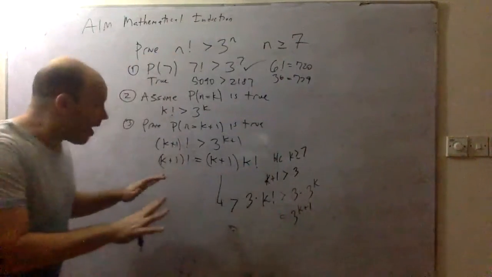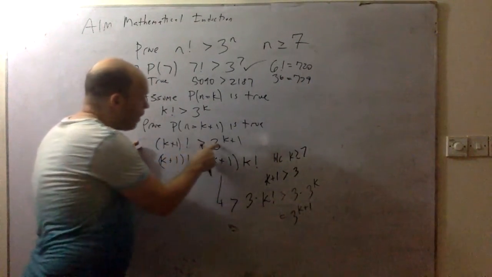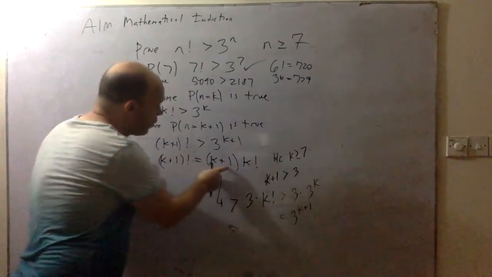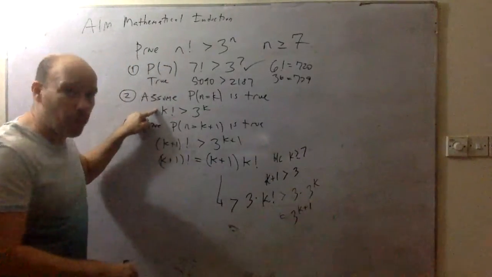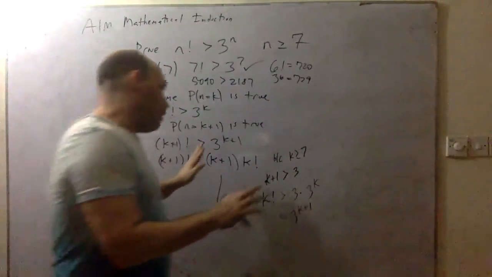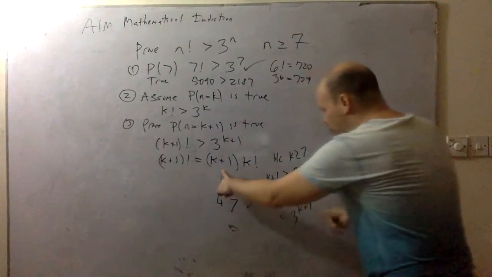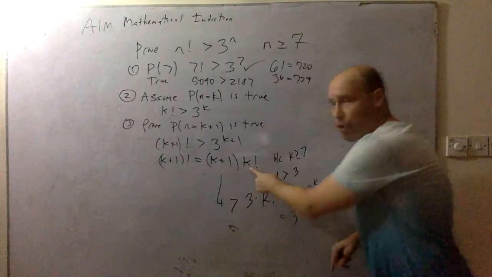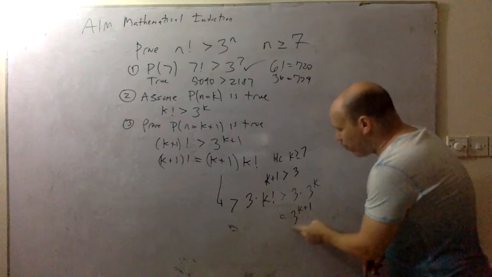So let's go over this again. We needed to prove that k plus 1 factorial is greater than 3 to the k plus 1. We knew that k plus 1 factorial is equal to k plus 1 times k factorial. We broke this down because we knew we were going to use this statement. We also knew we needed a 3, because k factorial was going to be replaced with 3 to the k, and we needed to get 3 to the k plus 1.